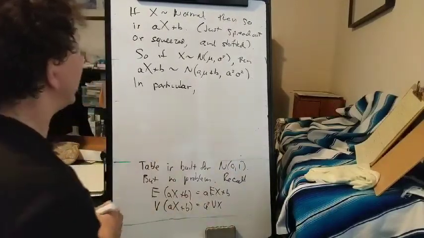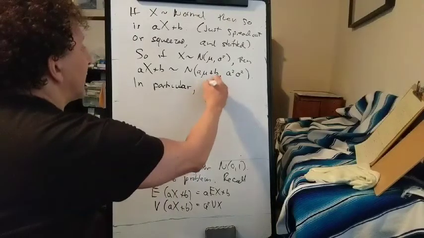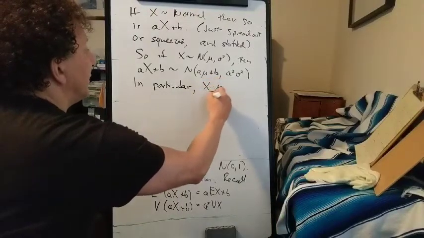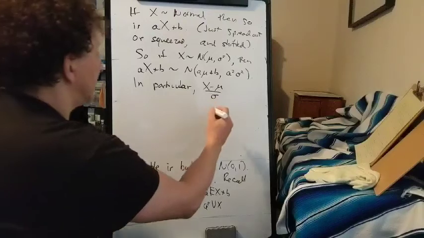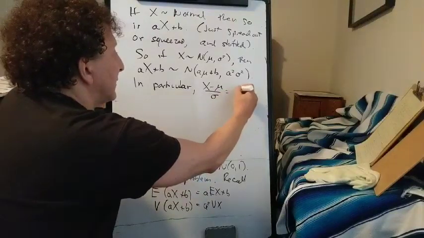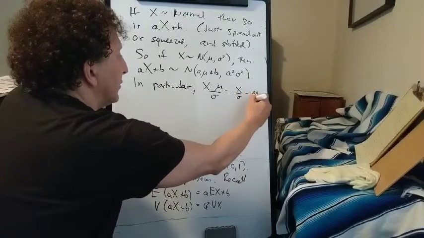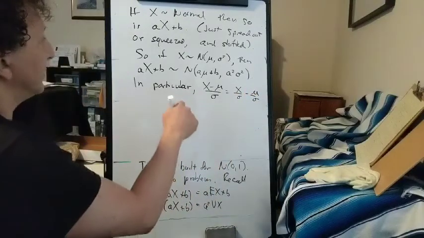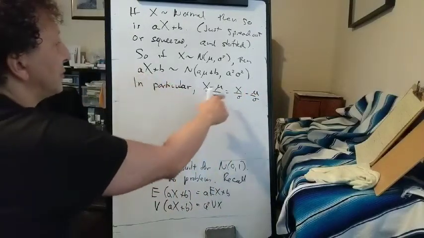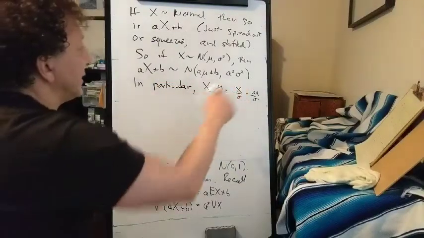So what happens if we take X minus mu and divide by sigma? That's X over sigma minus mu over sigma. So a is 1 over sigma and b is negative mu over sigma.